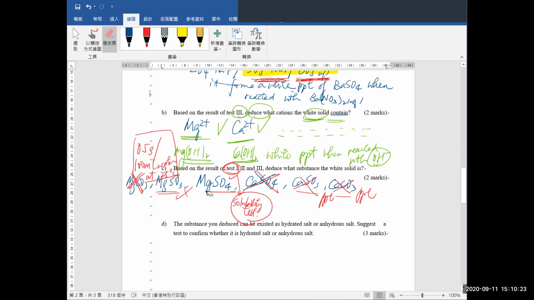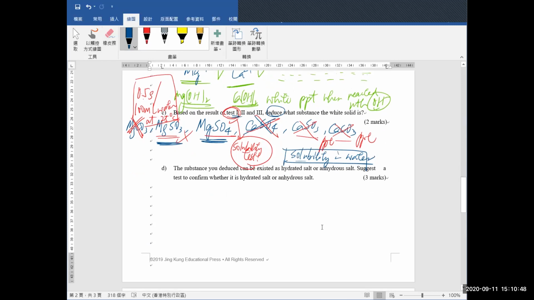But magnesium sulfate is the more probable answer. So you are going to write down details. You have to consider test one, especially the solubility in water, then cross out some other possibilities and come up with these two probable answers. You got the point?